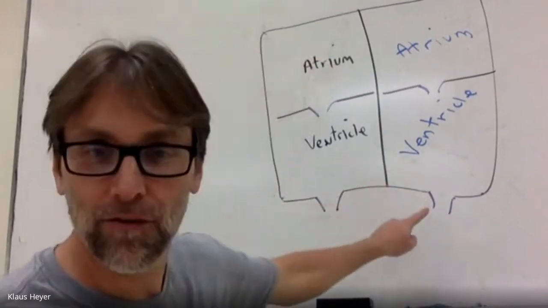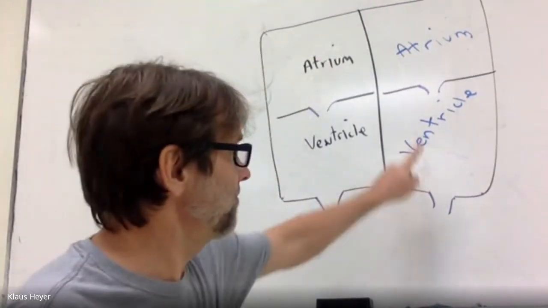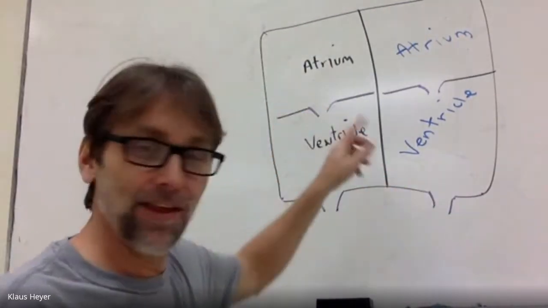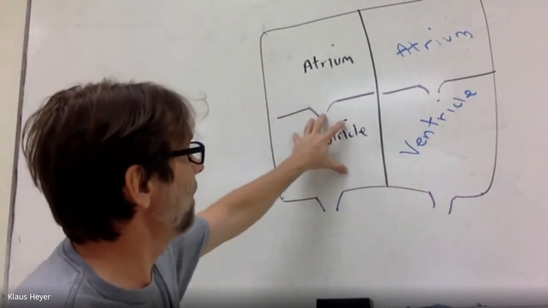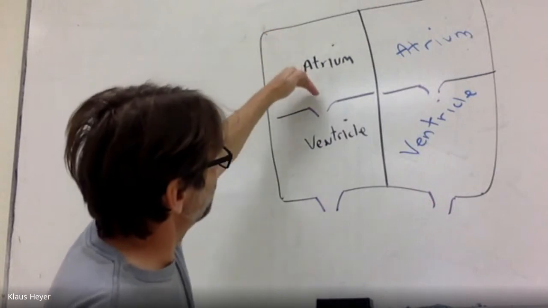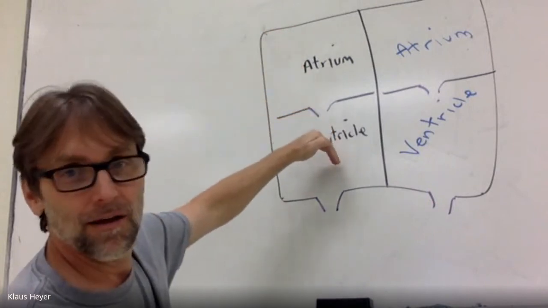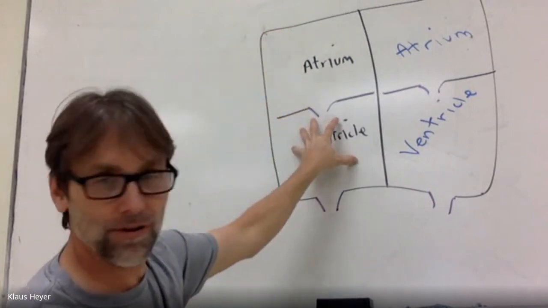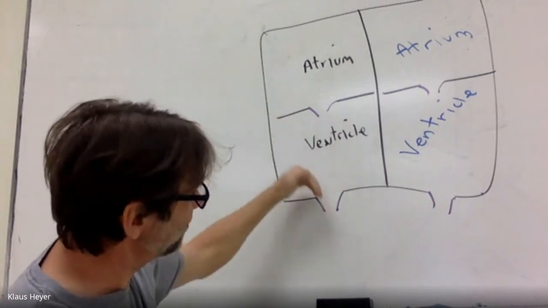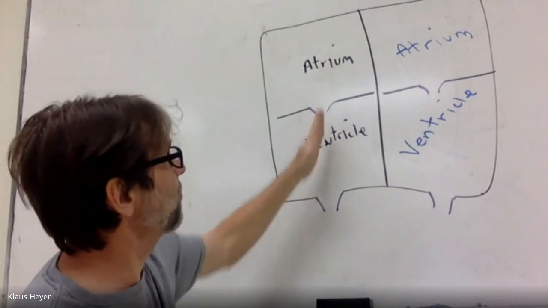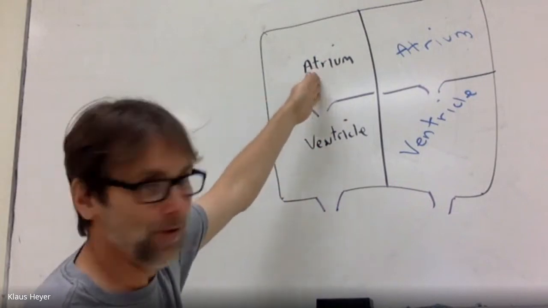So these valves work like that, and I did the thing about running out the door on purpose. All the blood comes in through this door, but when the ventricle squeezes and contracts and pushes everything out this door, some of the blood tries to run back up that way.